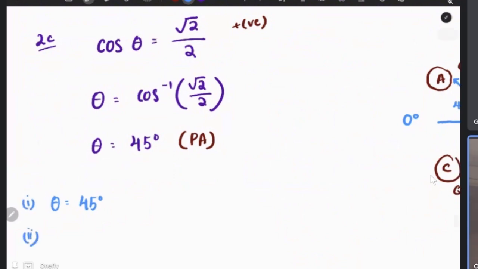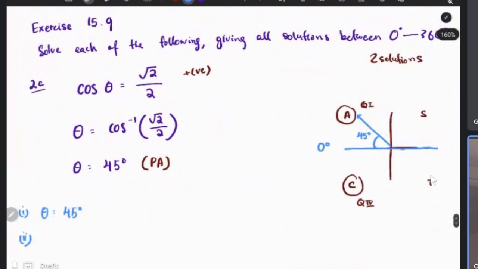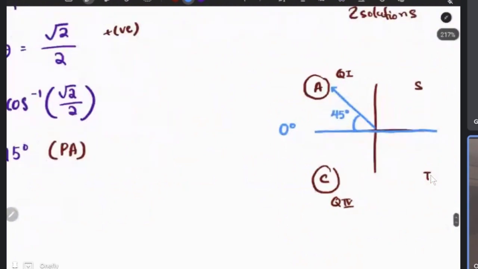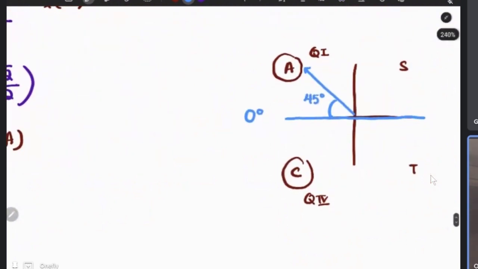Second solution, we are going to our fourth quadrant. Immediately we can just jump to our fourth quadrant. Everything else is not related at all. On the fourth quadrant, again, we are going to draw our principal angle line 45 degrees away from the horizontal axis.